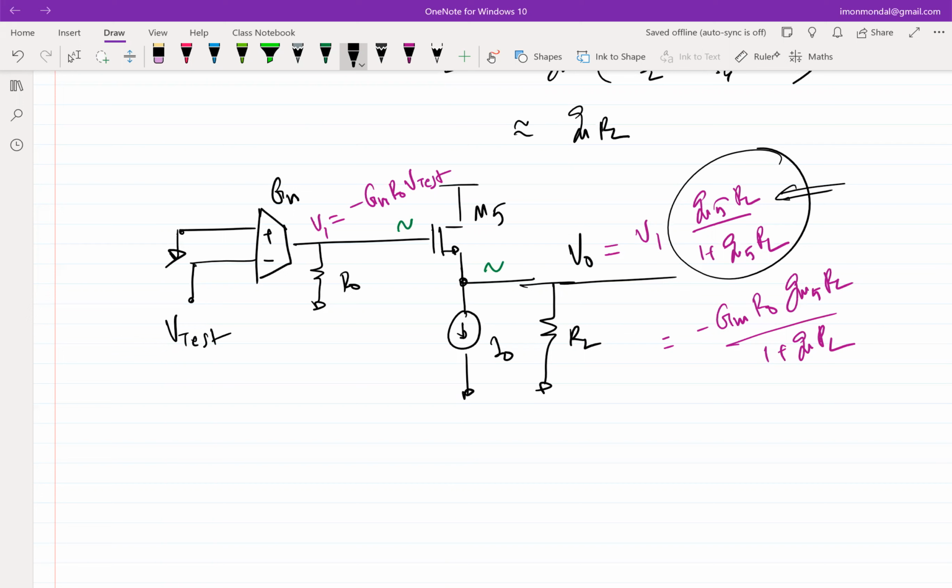If you haven't been able to make GM5 RL be much greater than 1, let's say you make it 1, this term will go to half. Not so bad, right? But if you directly connect RL to the first stage, then the gain directly goes with RL. So there is a benefit to it.